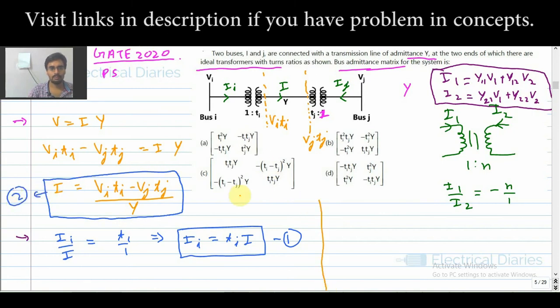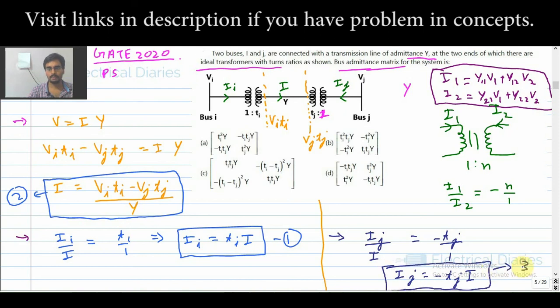Now let me write down another equation for this side. Here both the currents are entering, so I have to take the negative sign. So Ij by I is Tj by 1 with a negative sign, so Ij will come out to be minus Tj into I. That is your third equation. See how beautifully this question could be solved.